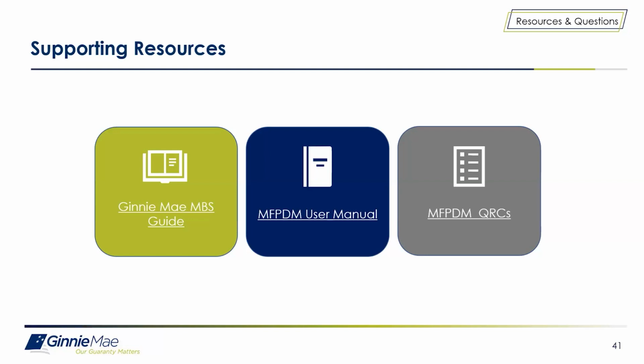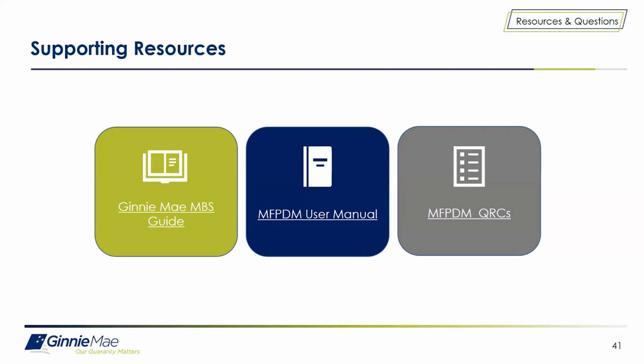If I can find it there, of course, the AEs know that I'm going to come to them next. But you want to use that MBS guide as your main reference, so you can know Ginnie Mae policies when you're doing a pool, what's needed, what documentation needs to be sent to the custodian so the process can happen.